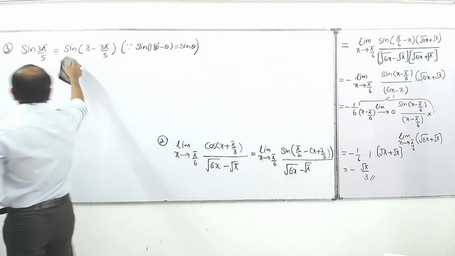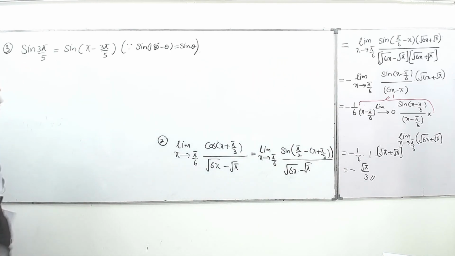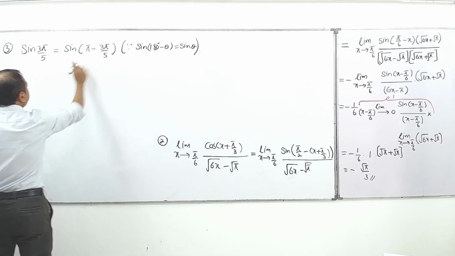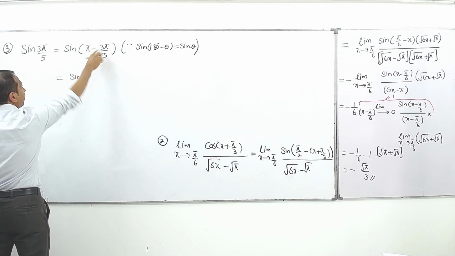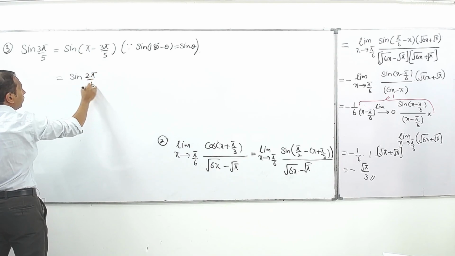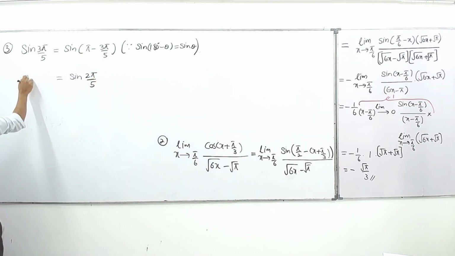Sine 2 pi by 5, I can write sine pi minus 3 pi by 5. Okay. Then we can simplify inside this. Sine pi minus 3 pi by 5, here we get sine 2 pi by 5.